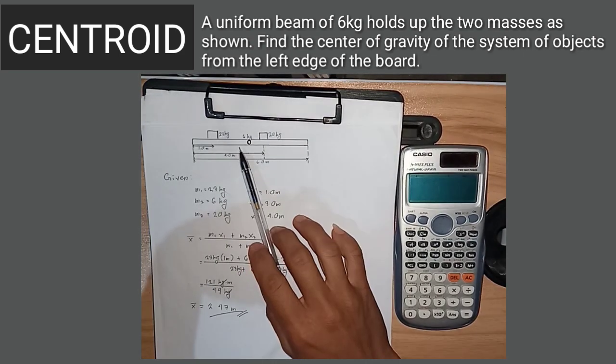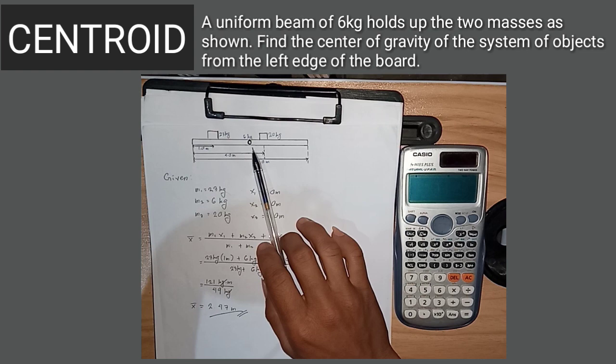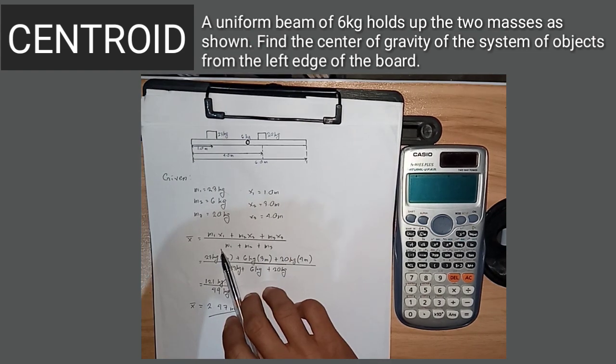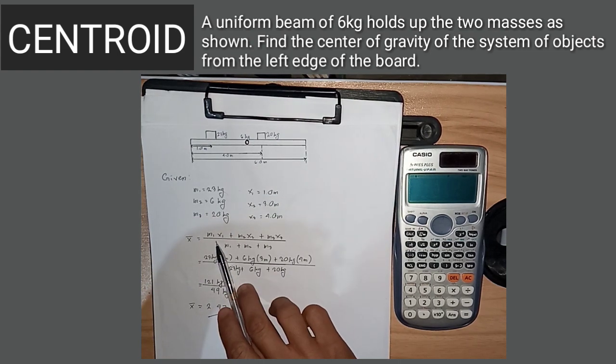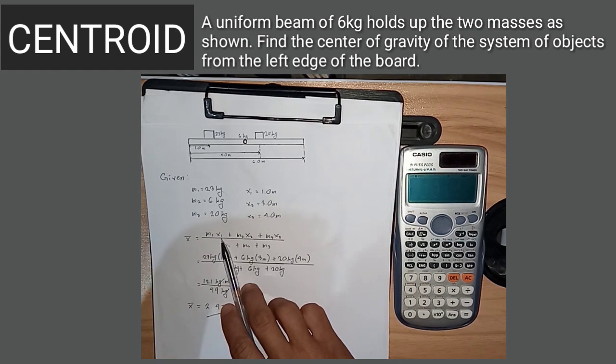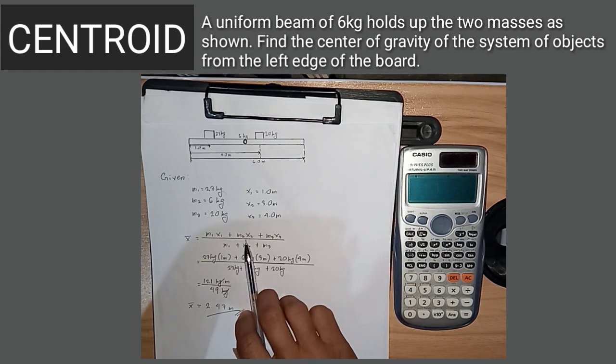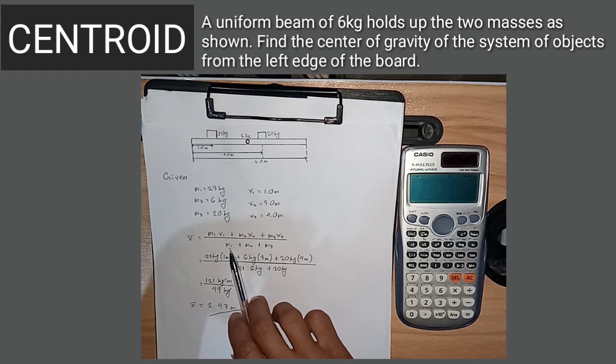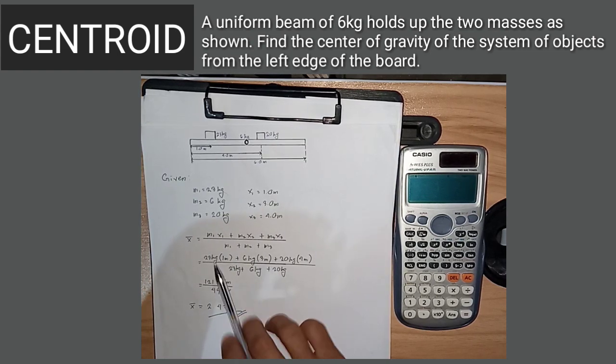Given mass 1 equals 23 kilograms, mass 2 equals 6 kilograms, and mass 3 equals 20 kilograms. We can now solve for the centroid or center of gravity using the formula m1 times x1 plus m2 times x2 plus m3 times x3 all over the sum of the masses.